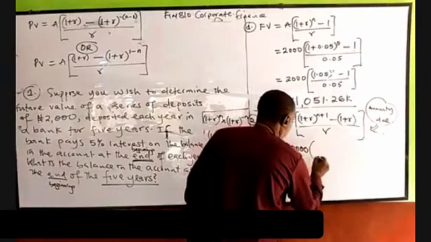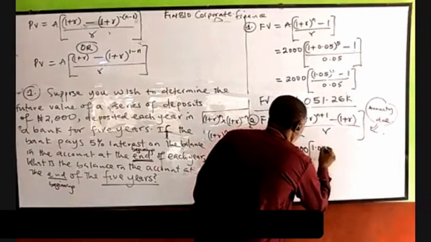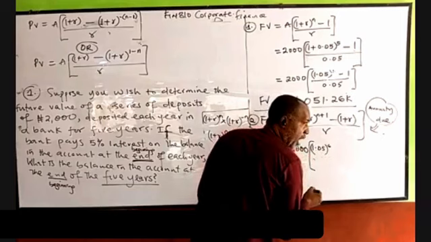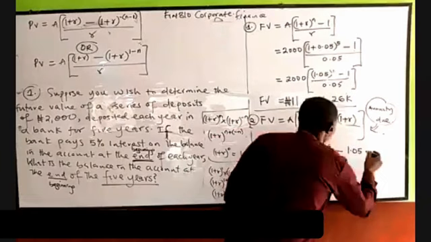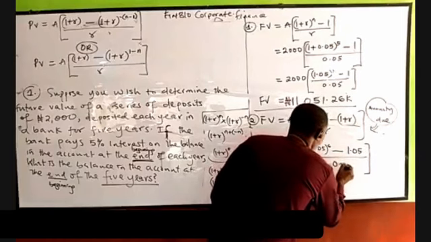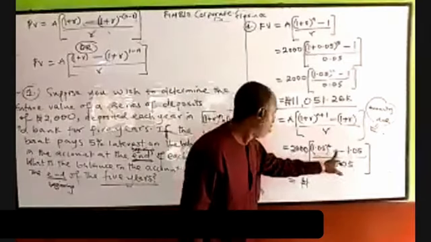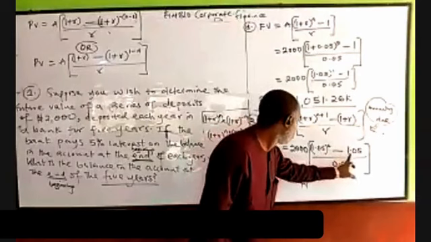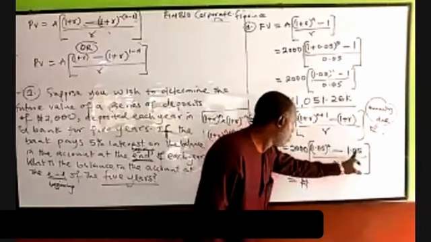This is 2,000 naira into 1.05. Notice the power.